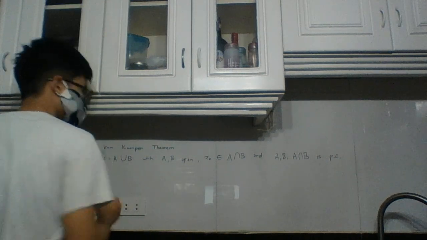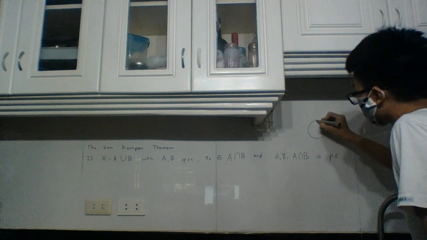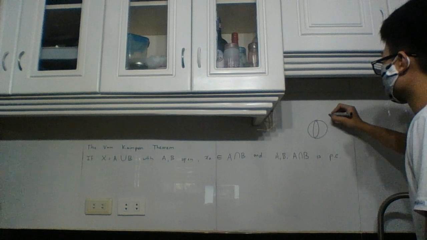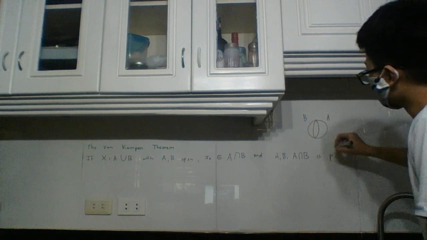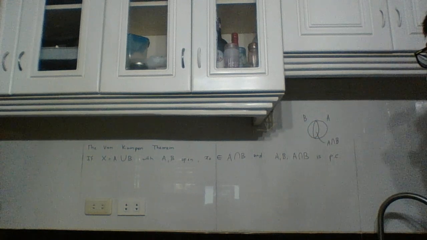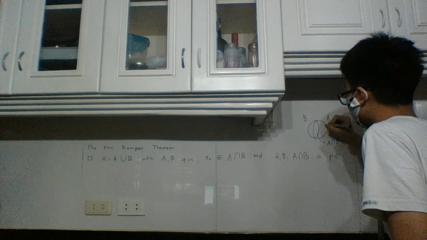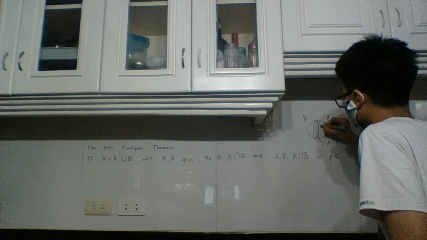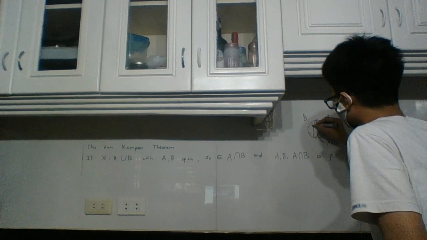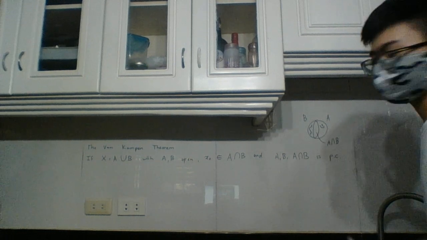So if I draw a circle here and I bulge out this subset here and I bulge out this subset here, this is A, this is B. This small sliver here is A intersection B. So you notice that all of them are path connected because if I take two points in A and draw a squiggly line, it's inside the set. Draw two points, any points in B, draw a squiggly line between them, none of that is outside the set.